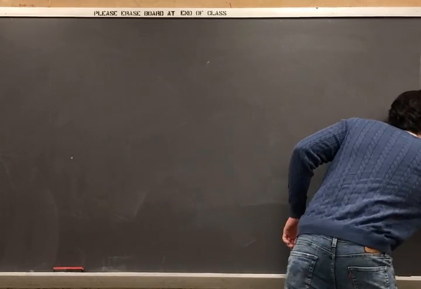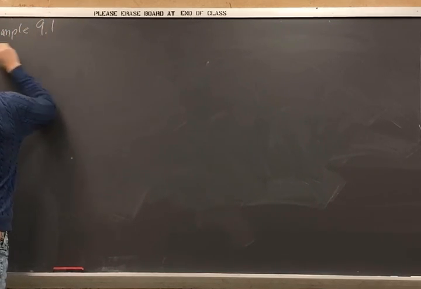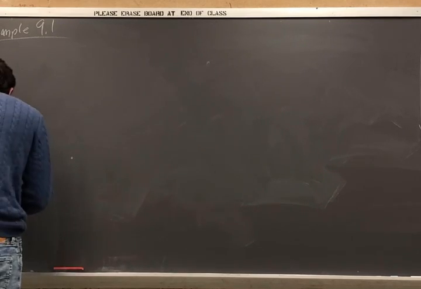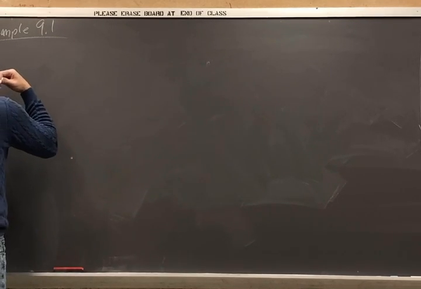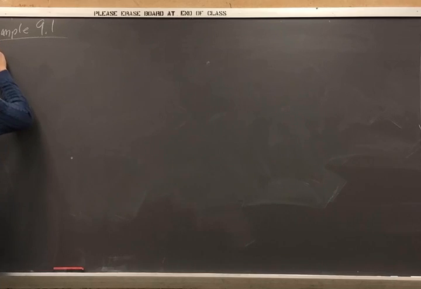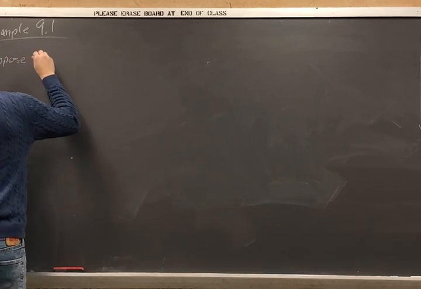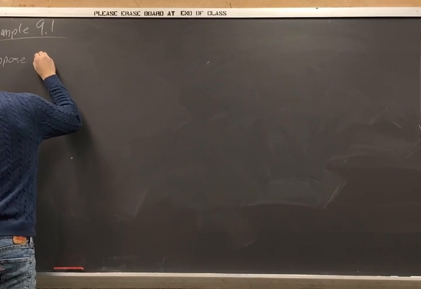Let's see if I can get a piece of chalk here. Okay, so we're going to do example 9.1. If you guys have your books, it's in the book. So let's assume we have an infinite square well with a bumpy bottom.